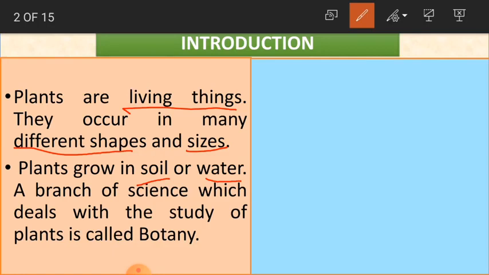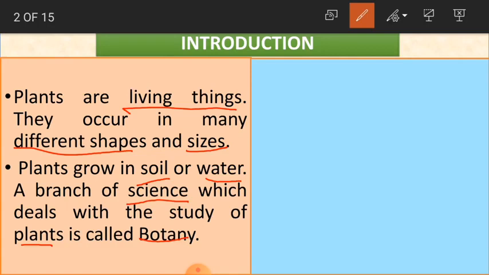Okay, children? So we will again learn in detail about them. And a branch of science which deals with the study of plants is called botany. So we are learning about plants. And what is our subject today? It is science. So in the science subject we are learning about plants.